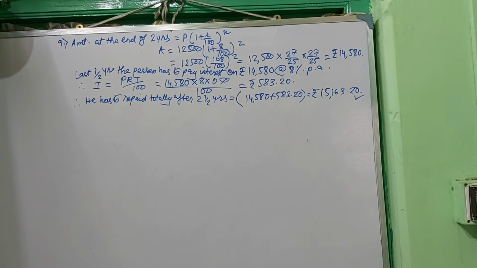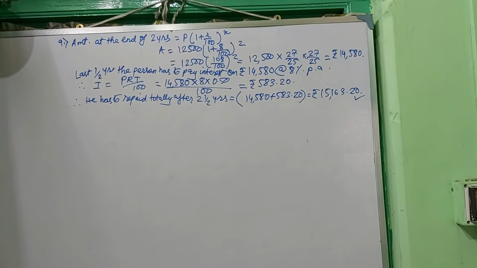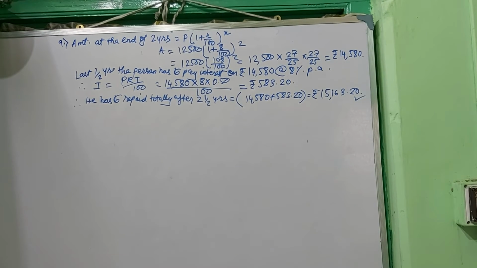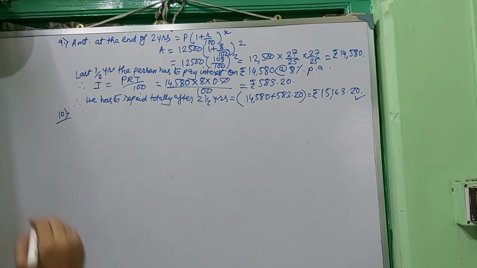It means interest is calculated half yearly. What will be the compound interest for 2 years on rupees 10,000, given that the annual rate of interest for the first year is 10% and for the second year is 8%? So I can do it in the data part. This is sum number 10.